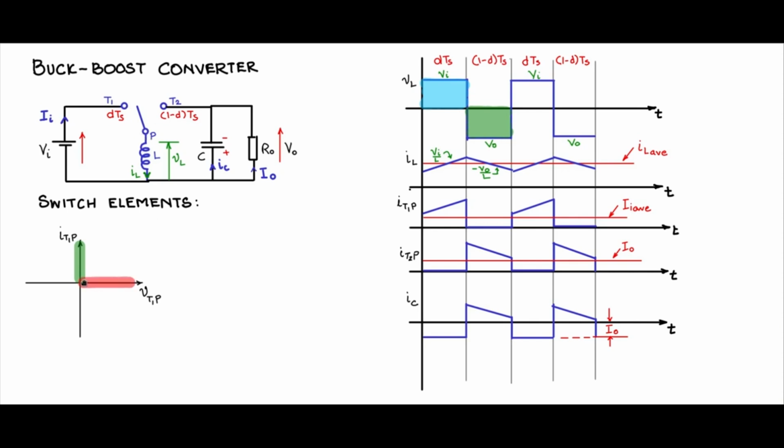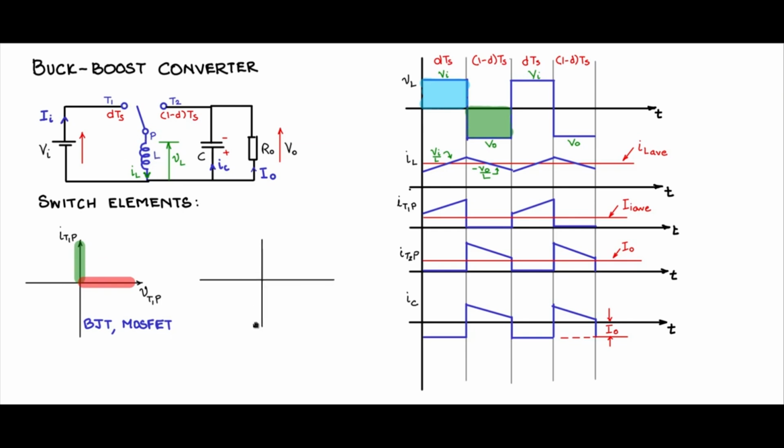So all these are potential operating points. If you look at this characteristic and the characteristic of typical devices, you will see that they map to BJT and MOSFETs and even IGBTs. So T1P can be replaced with a BJT.